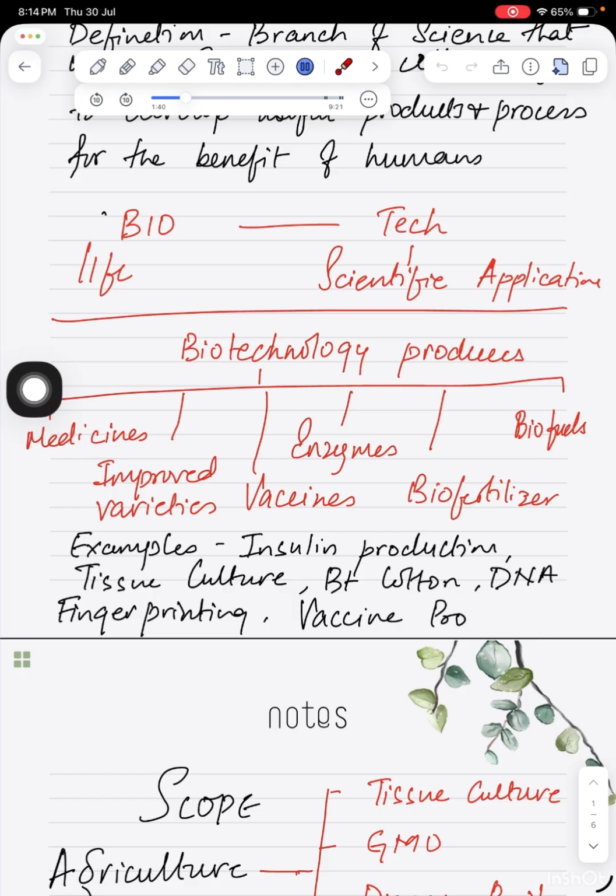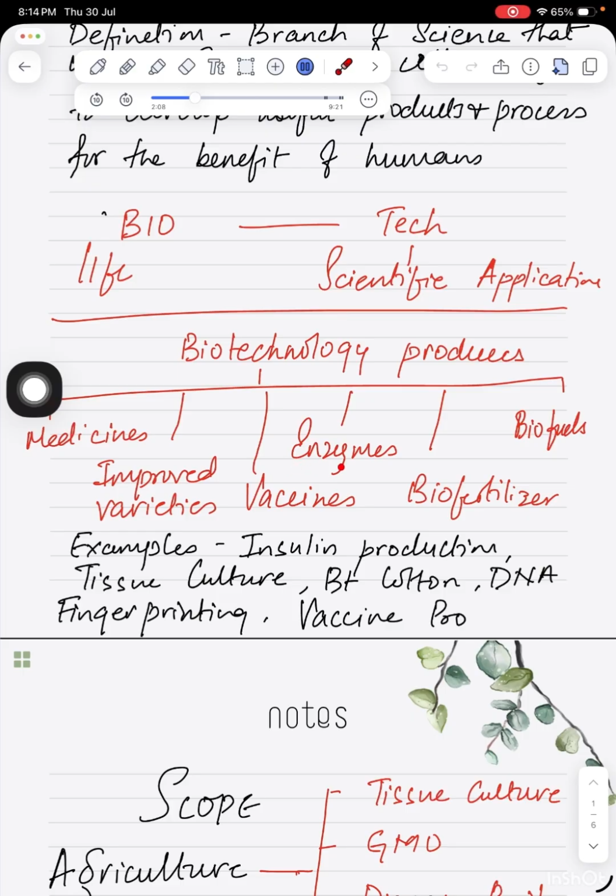Okay, so in which different fields or what biotechnology produces for us: different medicines are produced with the help of biotechnology. Improved crop varieties are being produced with the help of this technique. Many of the vaccines, very important, in the medical field, are being produced by this.